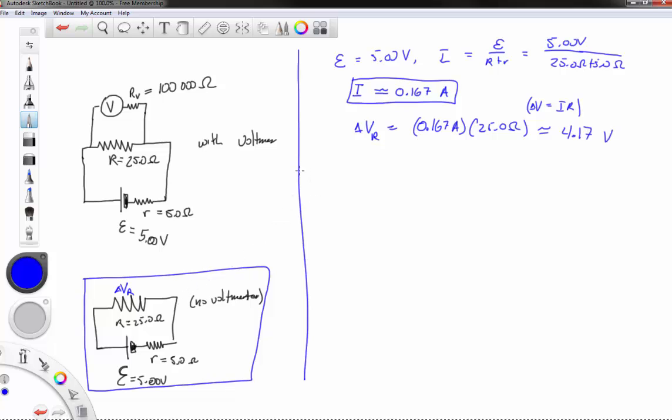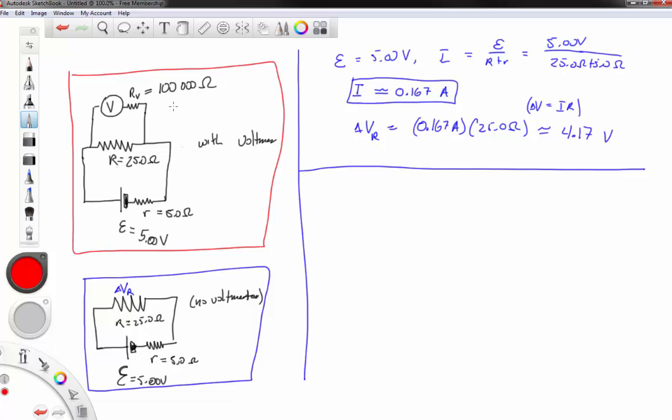Okay, so that is the case with no voltmeter attached. What I want to do now is look at what happens when you have the voltmeter connected in parallel with the device that you're measuring, which is this resistor.